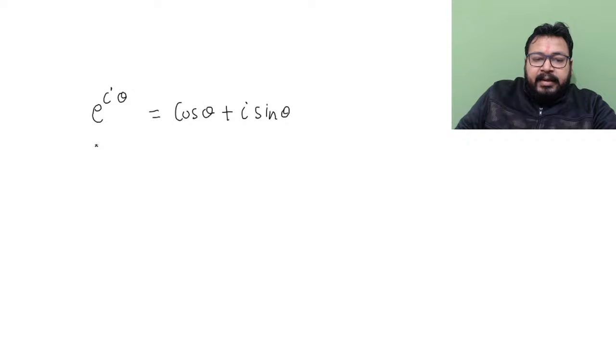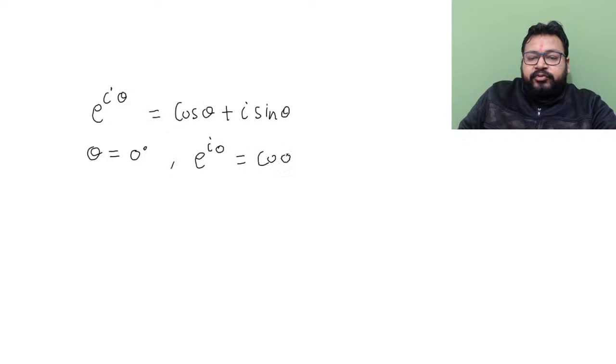Now if we take theta as 0, then e to the power iota into 0 is equal to cos 0 plus iota sin 0. Now cos 0 is 1, sin 0 is 0, so e to the power iota into 0 is 1.